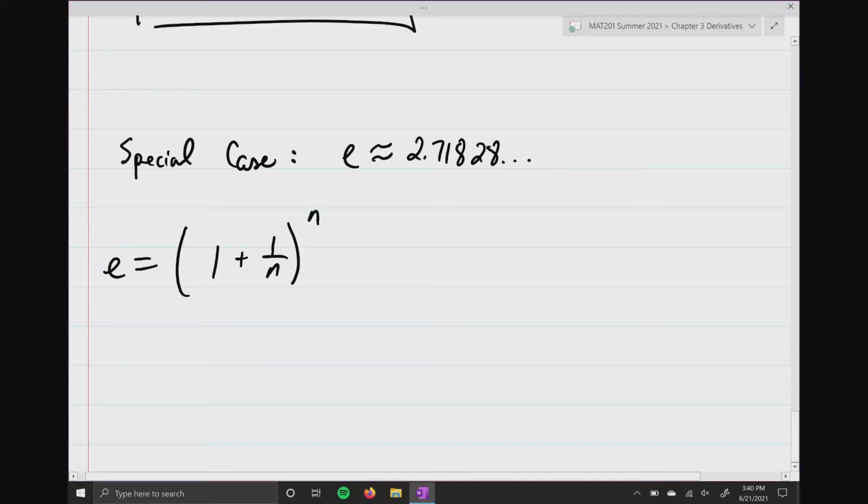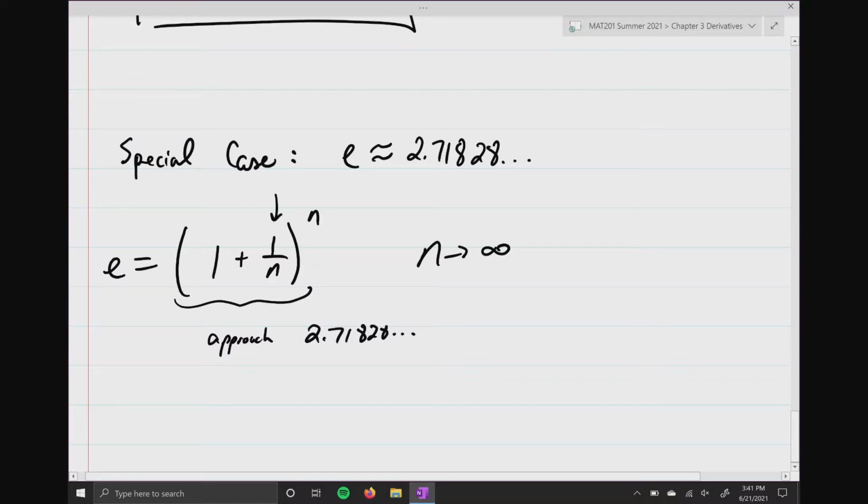Now, if we let n go to infinity, then these values will start to approach 2.71828 and a bunch of other decimals after that. Hopefully it makes sense because that 1 over n is eventually going to get to 0, and all you're doing is adding a little bit to the number 1, and then raising it to a power.